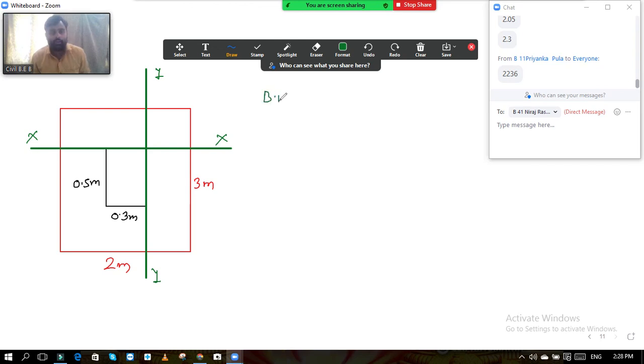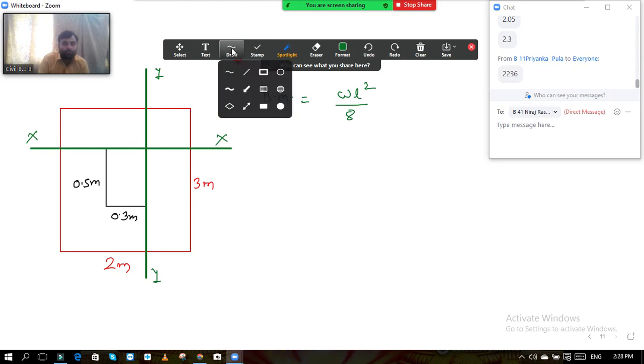The formula is bending moment equals WL square by 8, where L is the effective span, and this effective span is nothing but this length. Along section Y we consider this length as the span, and for section X we consider this vertical length as our span.